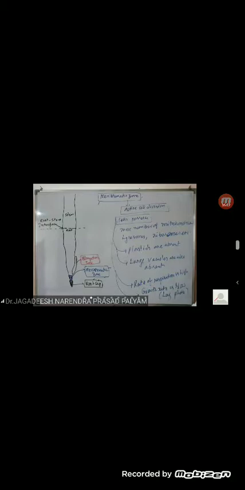I'm repeating once again. They have active cell division. These are the only cells in the root that undergo cell division. Cells possess more number of mitochondria, lysosomes, ribosomes, etc. Plastids are absent. There are no plastids, chloroplast, all such plastids. Large vacuoles are also absent.